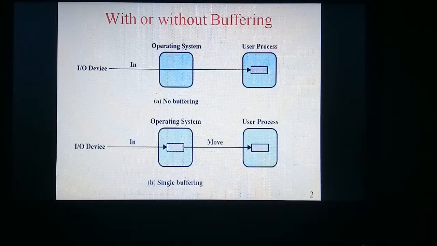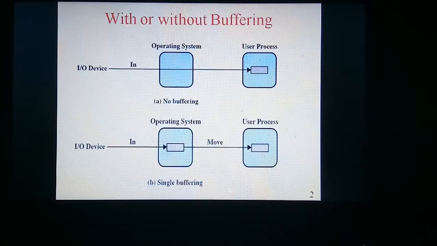Now the operating system in some cases can do without buffering or with buffering. Each concept has its own advantages and disadvantages. The advantage of buffering is that if we want to use the data in future, we can. That is, if there is a data failure, it can be retrieved once again. But if there is no buffering, retrieval of the data becomes a problem.